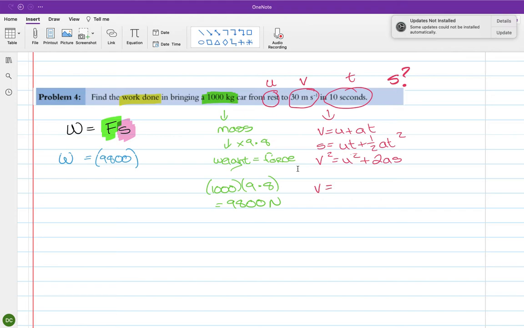V equals U plus AT, which is 30 equals 0 plus A by 10. So 30 equals 10A. We want the A, so we divide by 10.